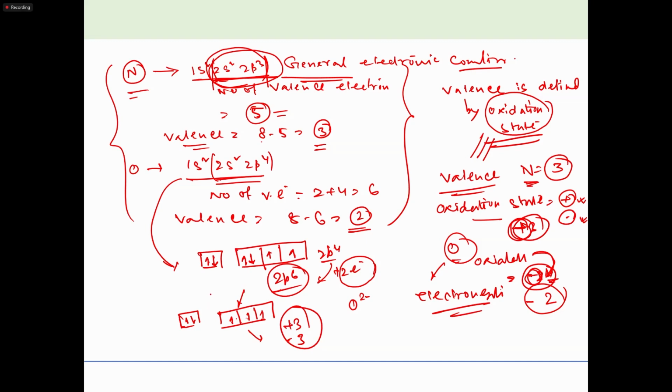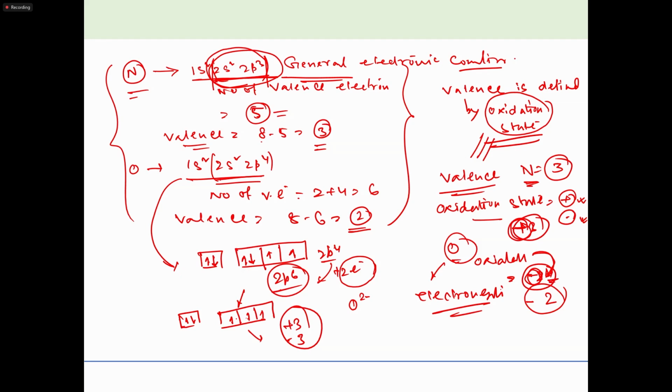But there is a problem with nitrogen: somewhere it shows a plus 3 oxidation state, somewhere it shows a minus 3 oxidation state. That actually depends upon what elements are in the compound.